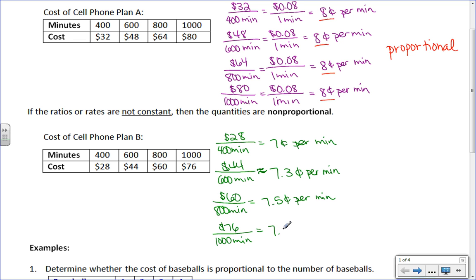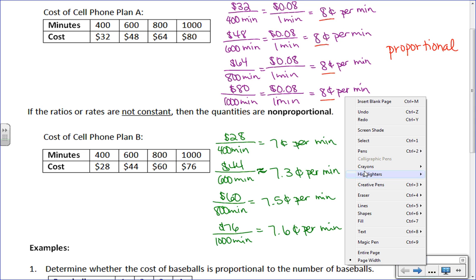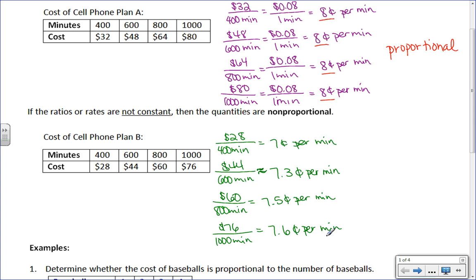And this comes out to 7.6 cents per minute. Okay, so we can see from this table, when we look at the rates and compare them, these are not the same. These are not constant. So because these rates represented in the table are not constant, the relationship between the two quantities is that the quantities are non-proportional.